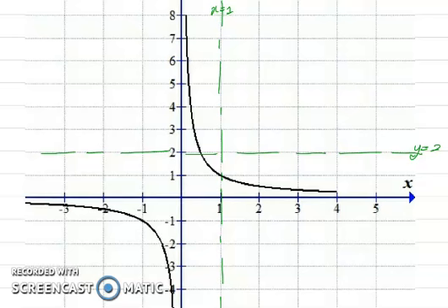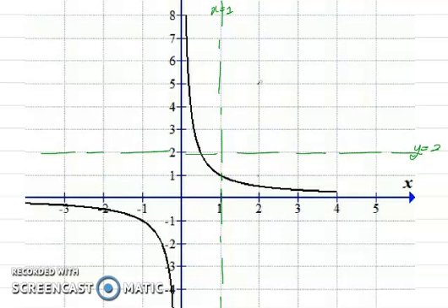Now, if I move it 1 unit to the right, the point (1, 1) is going to become the point (2, 1). But then there should be a stretch of 5 units. So the x-coordinate remains the same, and I'm going to multiply the y-coordinate by 5. When I multiply 1 by 5, you get 5.